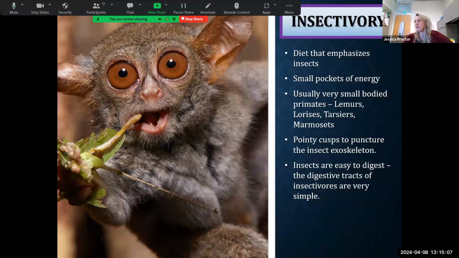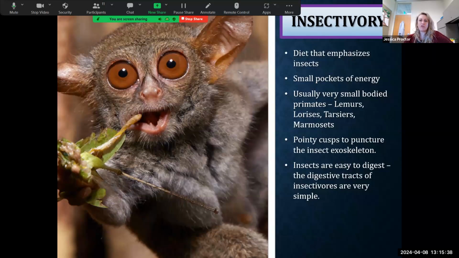But we'll also talk about where primates will focus their diet depending upon their taxonomic category. So the first one we're going to look at is insectivory, which, just like it sounds, is a primate that consumes mainly insects. Because insects are little pockets of energy, this tends to be the diet of small-bodied primates.